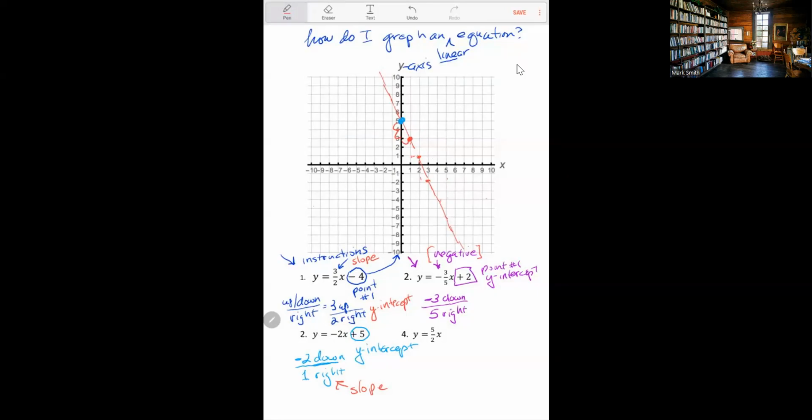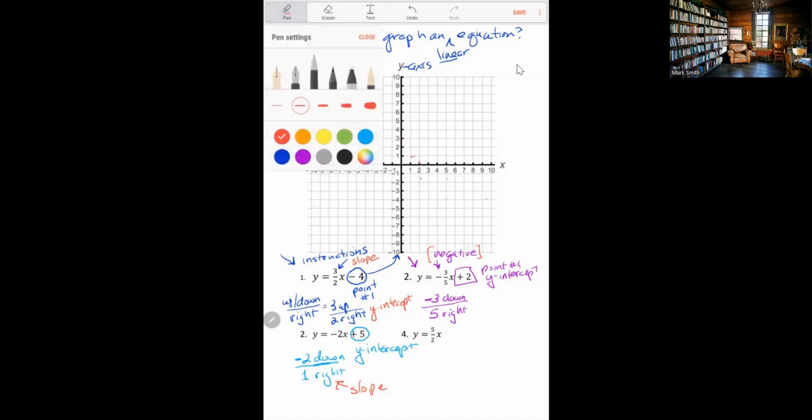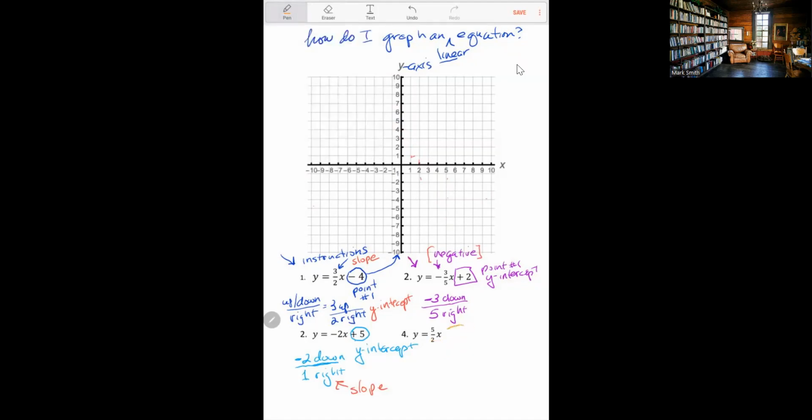All right, so we have one last example here. So erase this one. All right, and we have one last example to look at, so we need a new color. How about orange? All right, and the first thing I'm going to notice is, where is point number 1? Where is the y-intercept? Because I don't see anything there.